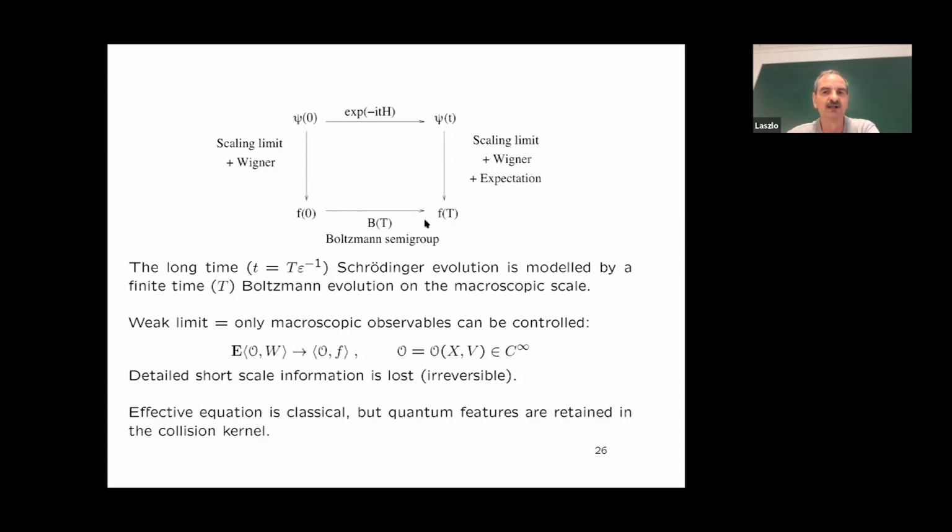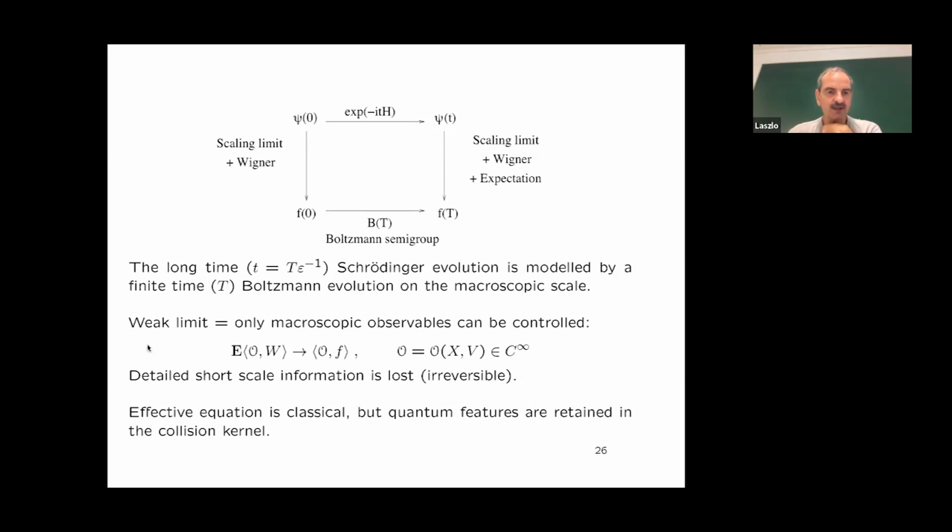And then you take the Boltzmann semigroup, the evolution of the Boltzmann equation, which is a simpler object, and let it evolve there. Or you can let the quantum mechanics evolve the wave function, and after the quantum evolution, take the scaling limit. And then what the theorem tells you is that this diagram is commutative, so you can mimic the quantum evolution by the Boltzmann evolution.